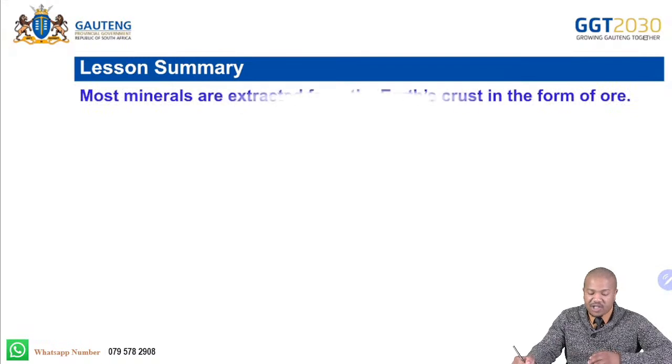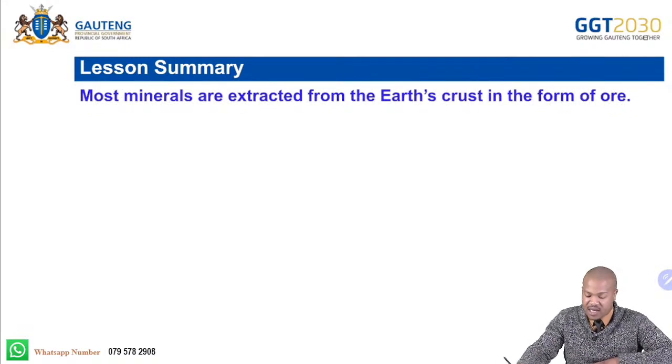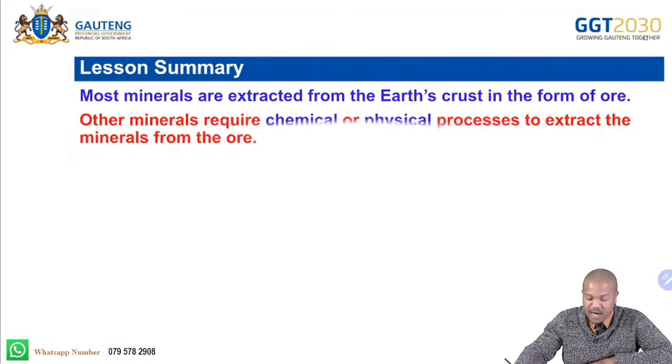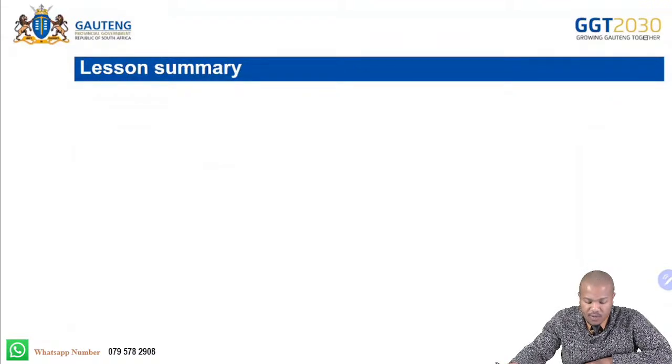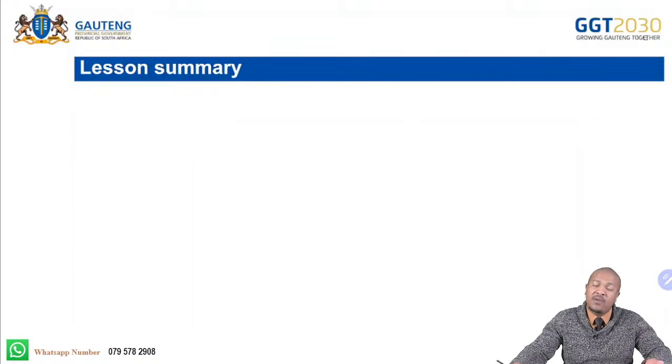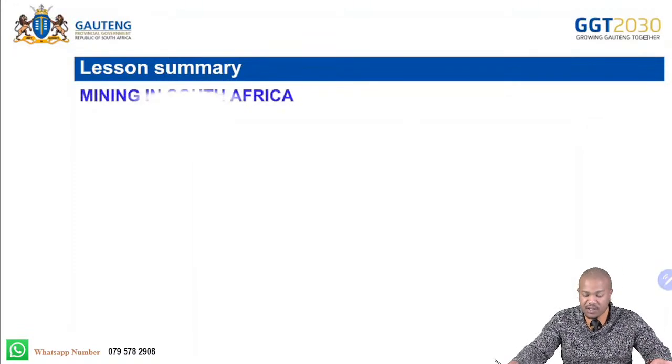And also we mentioned that most minerals are extracted from the Earth's crust in the form of ore, right? Whereas other minerals, they require chemical or physical processes to extract them from the ore, right? Whereas other minerals, they can be used in their natural form, such as diamonds or sand, right?